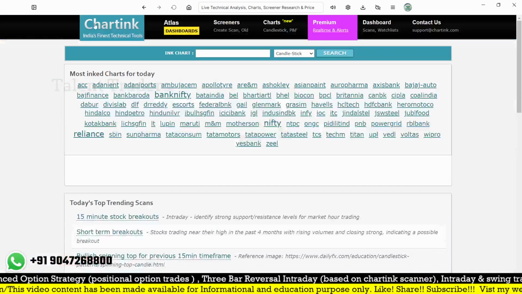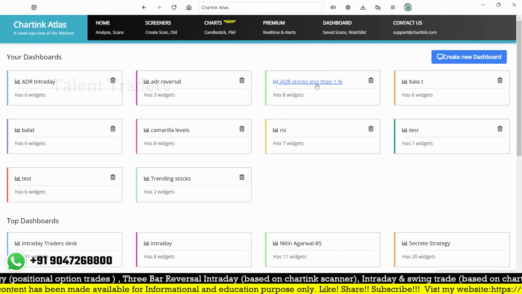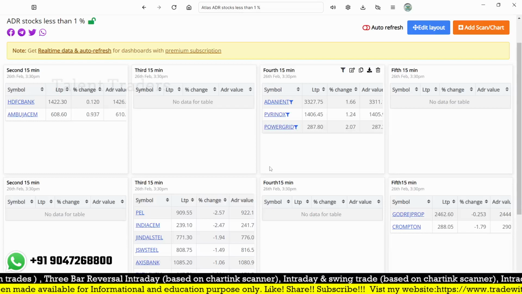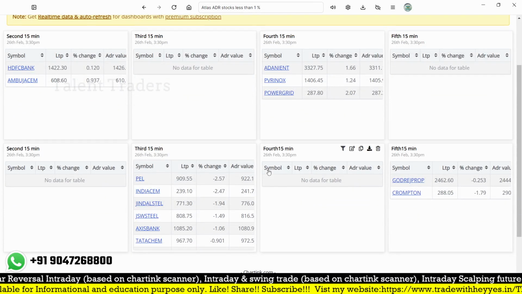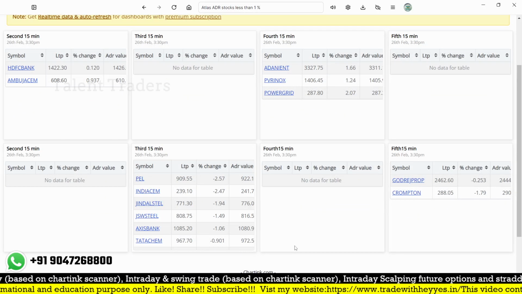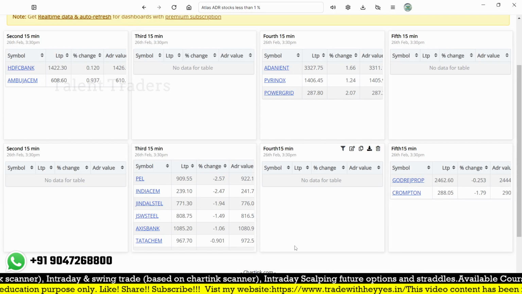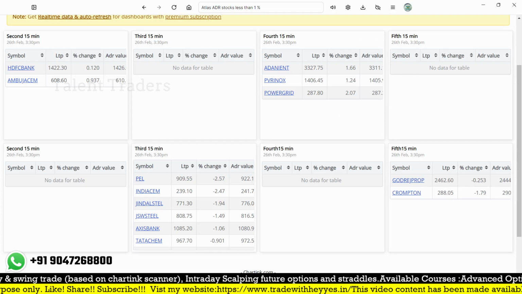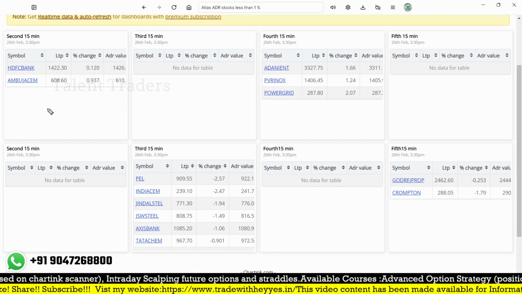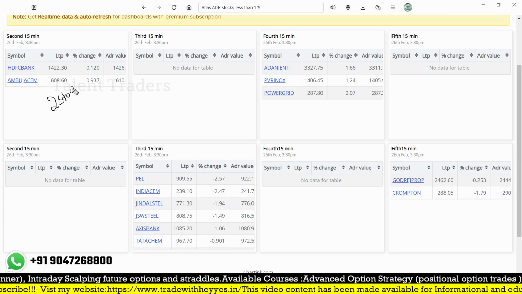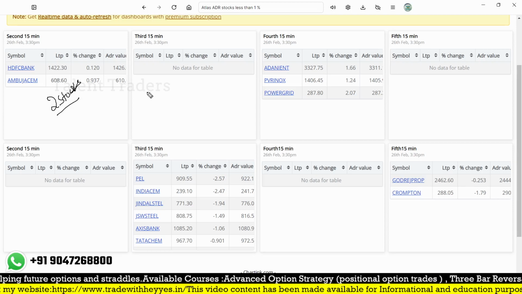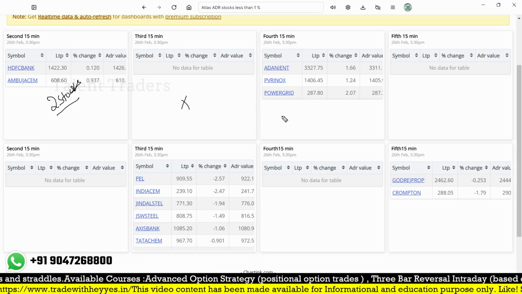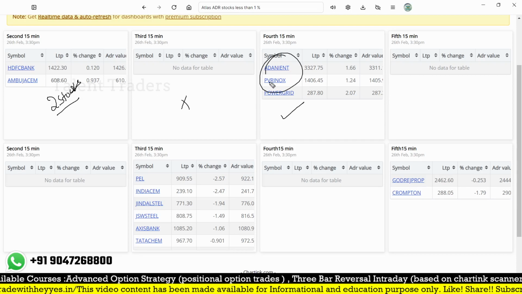That is the reason, and it is one of the ideas from my subscribers who were asking about this. By using this new indicator, the new ADR dashboard, we are filtering on the second candle. In the previous dashboard we found around 6 stocks, but here only 2 stocks, which may be easy to identify. Third candle no stocks, and fourth candle we have 3 stocks.